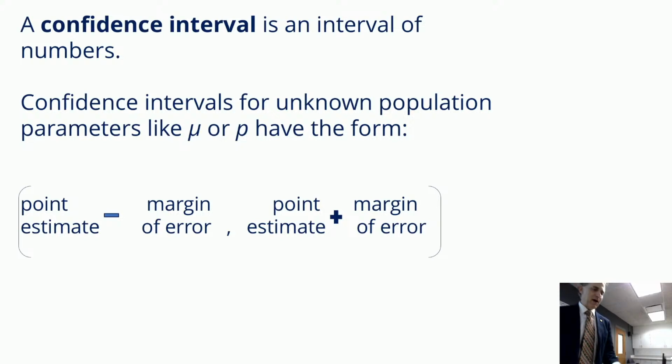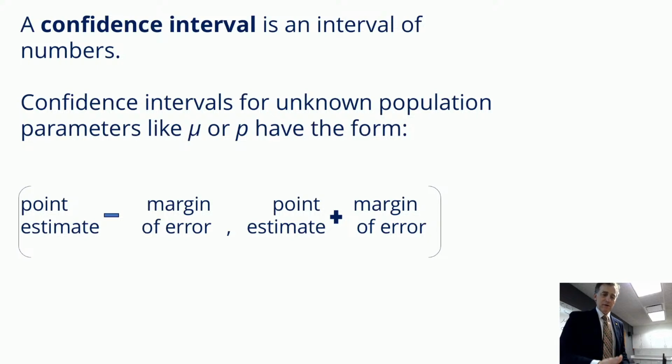Here's what you get when you do a confidence interval. You end up with a point estimate, either p hat or X bar, whichever one. And then you have a margin of error. The margin of error is something we're going to compute on Monday. For today, we're just going to trust that it got computed correctly. That's how simple today is. It's really not much more than that paper I showed you, seriously.